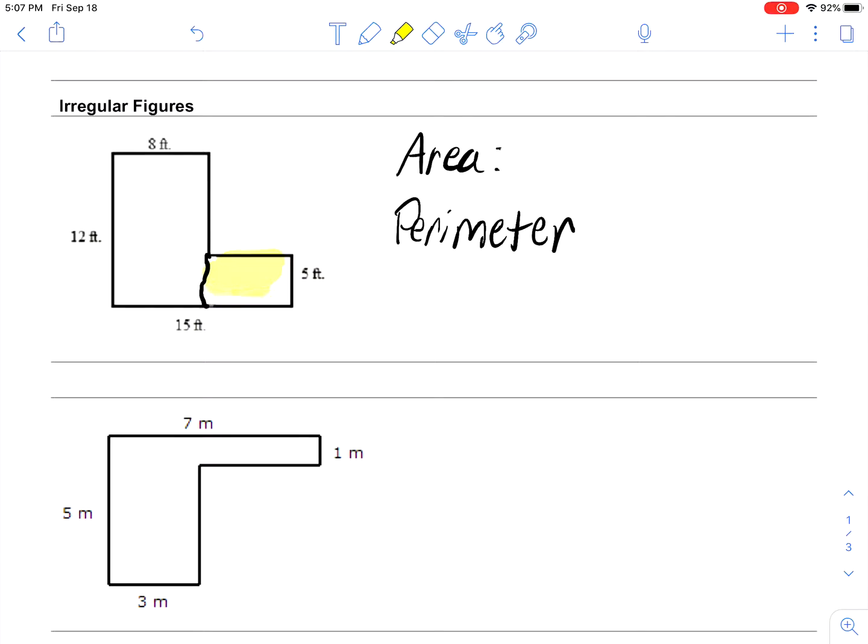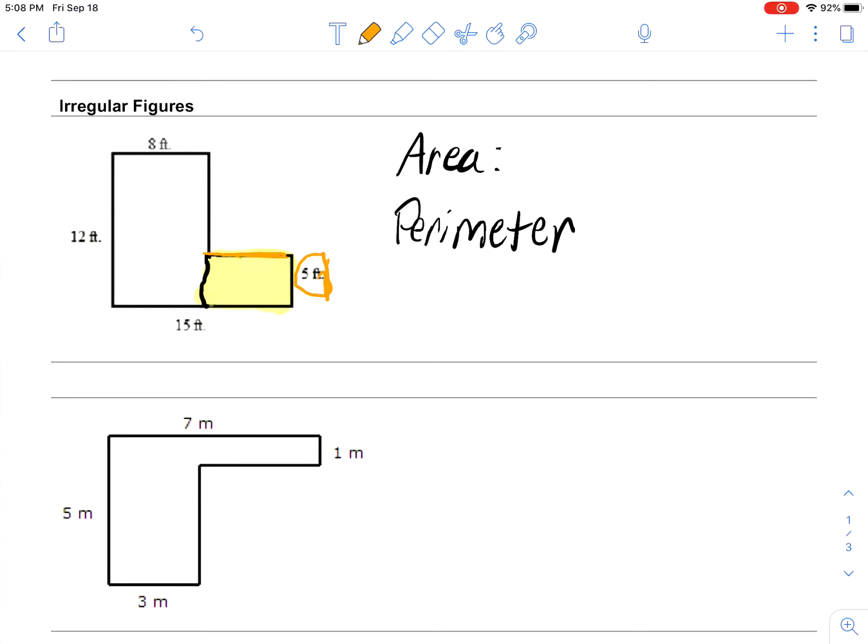I'm going to start with this smaller rectangle here. I want to know what the area is of that smaller rectangle. So I see that this side here, that's 5 feet. I need to also know, though, how long this side is.